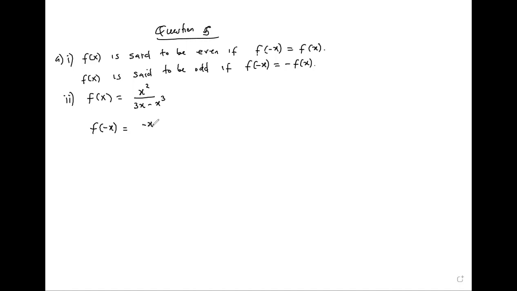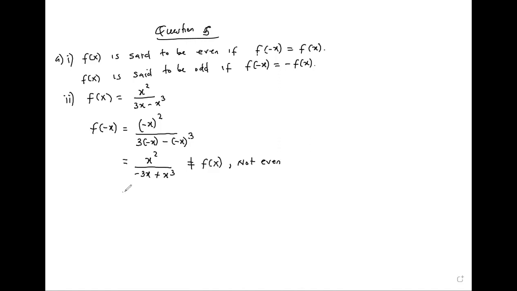So negative x to the power 2 over 3 times negative x minus negative x to the power 3. This is the same as x squared over negative 3x plus x to the power 3. So this is not the same as f of x. So I know it's not even.